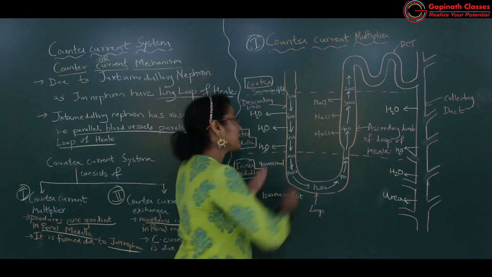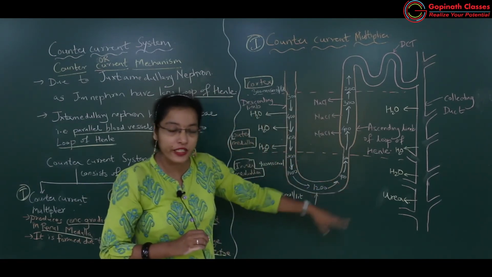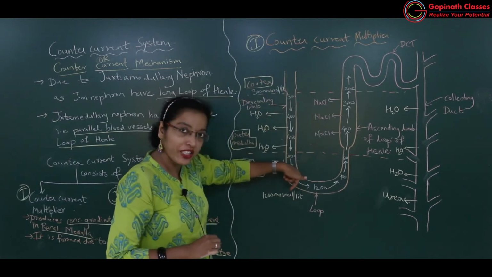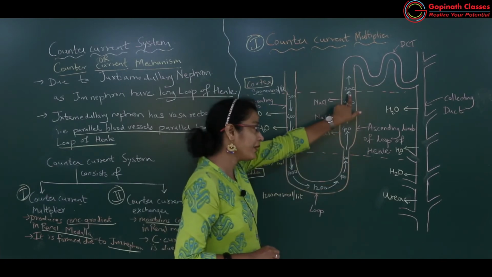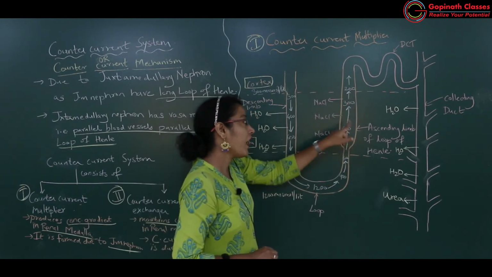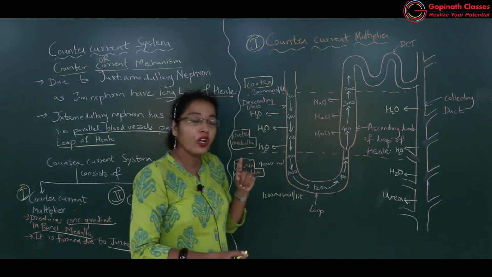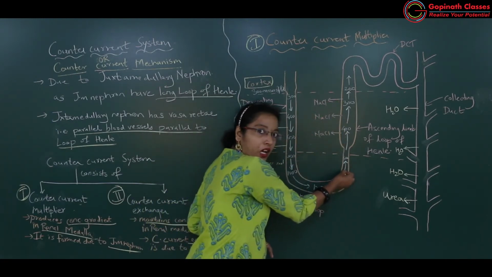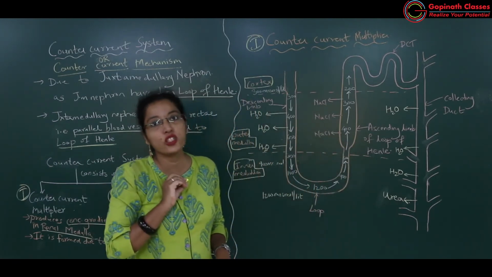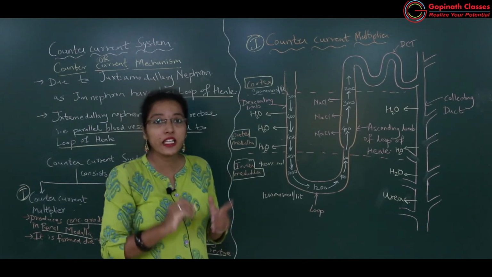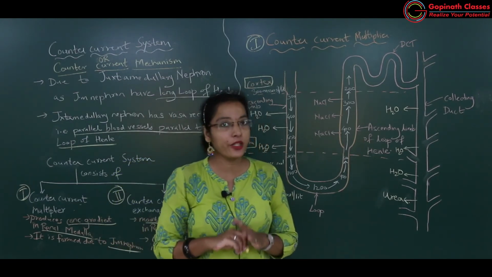Okay, and what is the direction of the nephric filtrate in both the limbs of the loop of Henle? Descending limb में नीचे की तरफ जा रहा है nephric filtrate, and ascending limb of loop of Henle is having nephric filtrate which is moving in upward direction. So counter current develop हो गया, and उसकी वजह से क्या हो रहा है, there is multiplication of the salts, that is increase in the concentration of the salts in renal medulla.